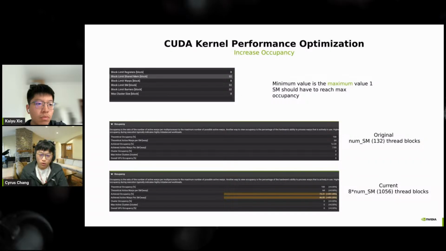With this simple change, the occupancy has increased from 12.39% to 73.2%, which means we're getting about 6 times more occupancy. Assigning more blocks per SM assigns more warps to the scheduler, so the schedulers can see more idle warps when they are scheduling, so it can fully utilize the GPU.